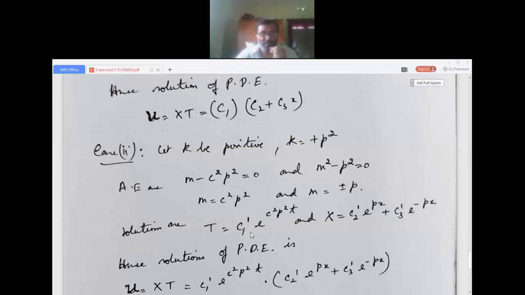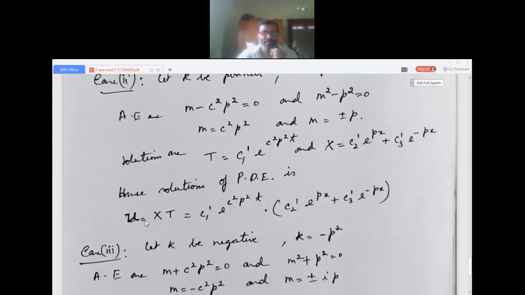So T equals c1 dash, since c1 was used in the first case, and in the third case we use c1 double dash, e to the power c² p² t. Here the variable is x. For X, there are two distinct roots, real or whatever, so X equals c2 dash e to the power px plus c3 dash e to the power minus px. Hence the solution XT, T value I have written, X value I have written.